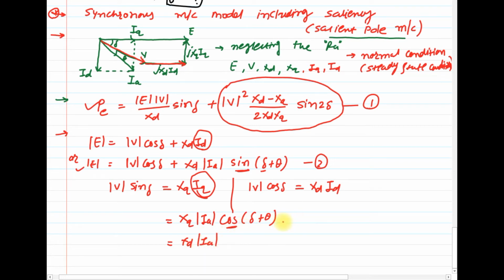Cos theta plus delta or cos delta plus theta is equal to, just recall the trigonometry, cos delta cos theta minus sin delta sin theta. Clear?